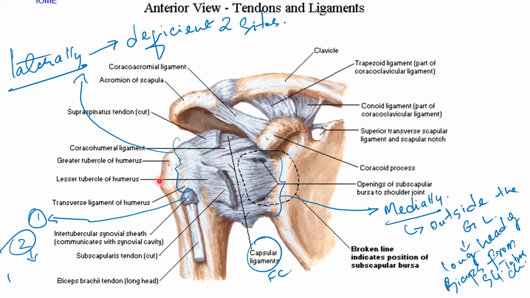On the other hand, the lateral attachment is over the anatomical neck of the humerus except at two areas: one is the upper end of the intertubercular sulcus, which allows the passage of the long head of the biceps. The second is the inferomedial part of the anatomical neck, where it extends about 1 centimeter down to reach the surgical neck of the humerus. So this is about the attachment of the fibrous capsule.